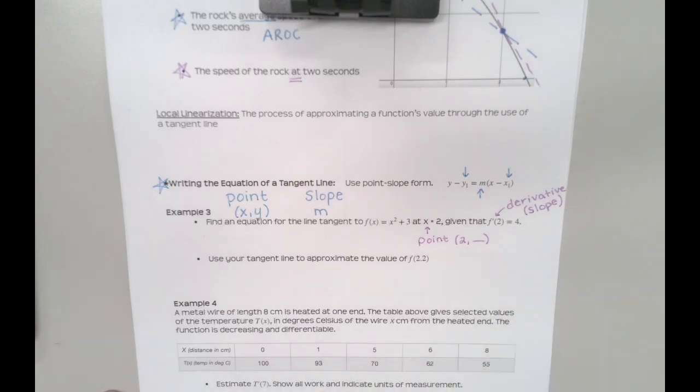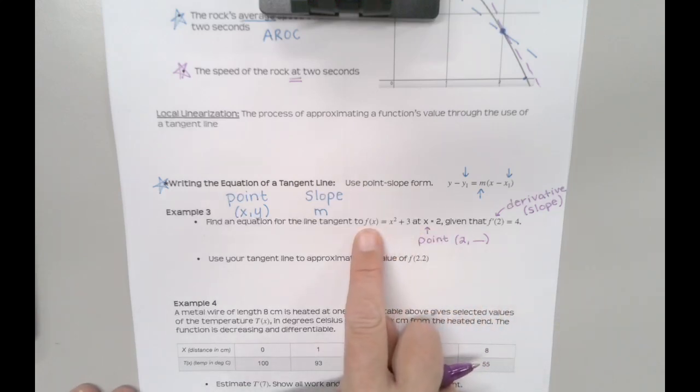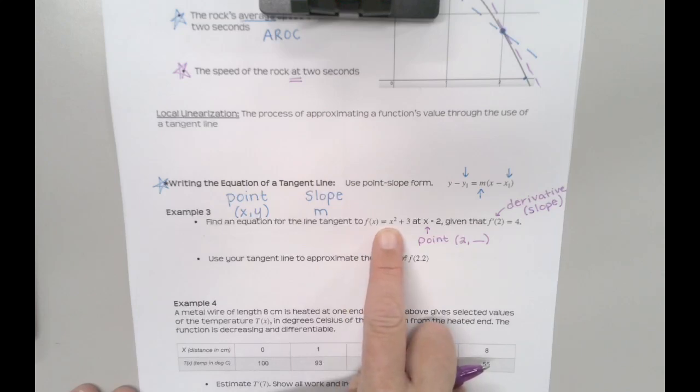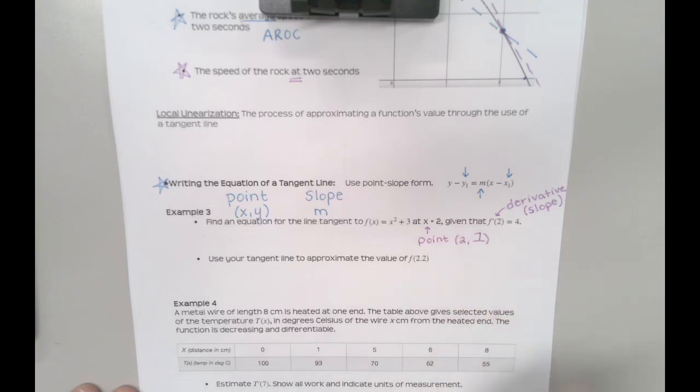So this is me telling you what the slope is. I want you to enjoy this moment where I'm telling you what the slope is, because usually I'm going to make you find what the slope is, but I haven't taught you enough to make you do that yet. So right now I'm just going to tell you what the slope is. So the only real math we need to do here is figuring out this y coordinate. So I'm going to find f of 2. 2 squared is 4, and 4 plus 3 is 7.